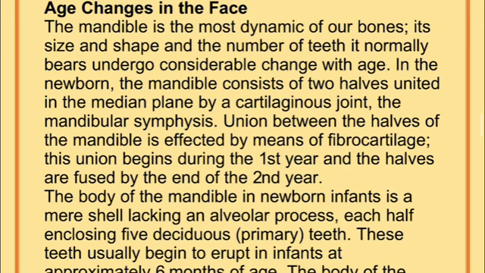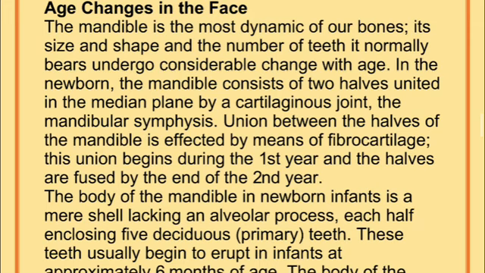In the newborn, the mandible has two halves, and these two halves are united in the median plane by a cartilaginous joint, what we call the mandibular symphysis. Union between the halves of the mandible is by means of fibrocartilage, and this union begins during the first year, and the halves are fused by the end of the second year.